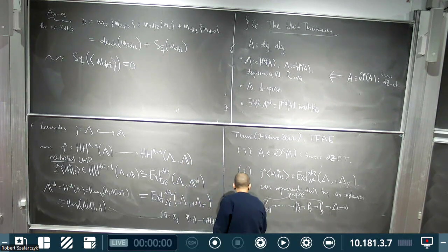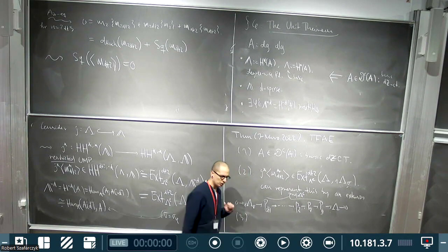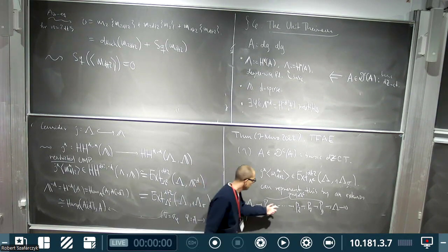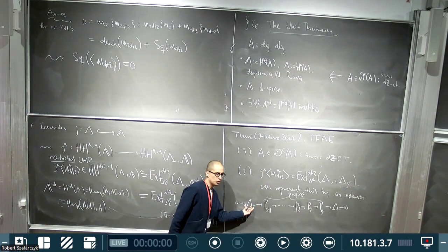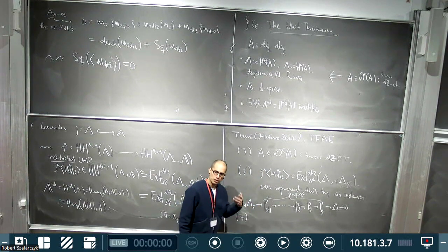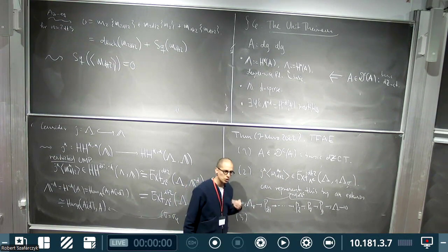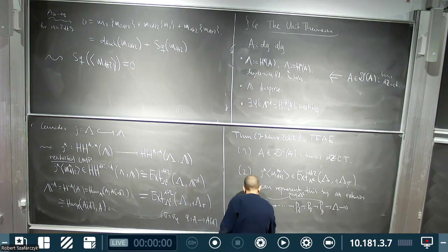And 3, so 2 and 3 are easily now seen to be equivalent because this sequence exhibits this twisted bimodule as the D plus second syzygy of lambda as a bimodule.